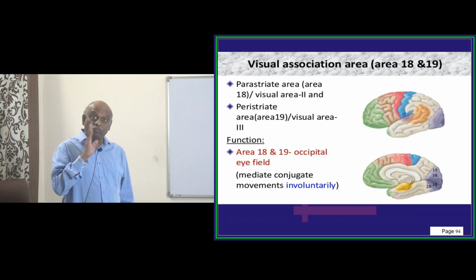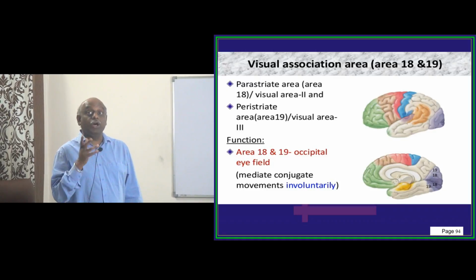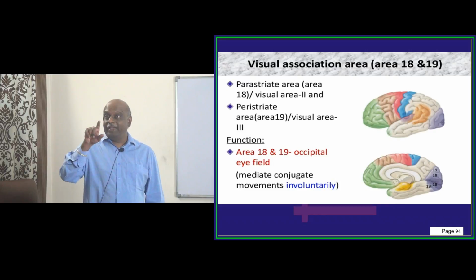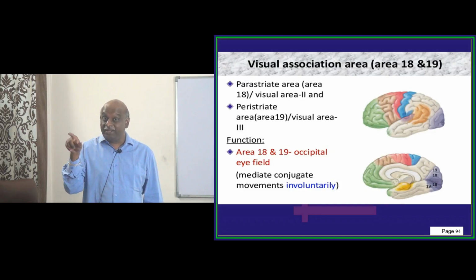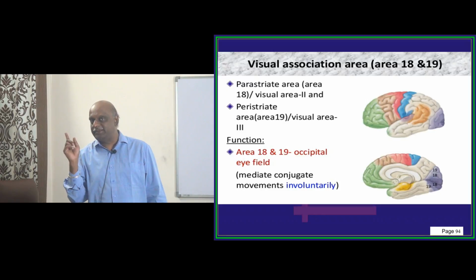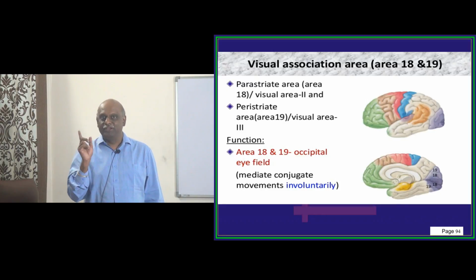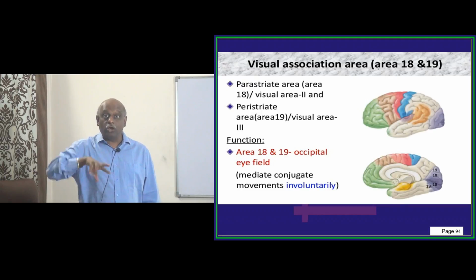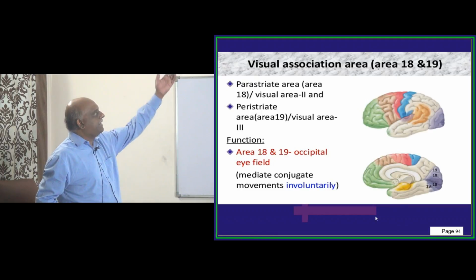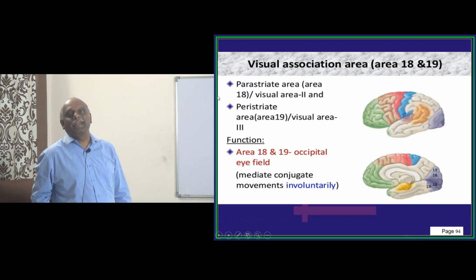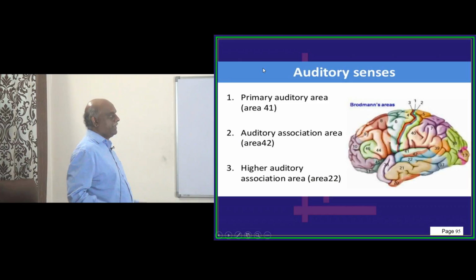Voluntary conjugate movements, who controls them? In the pons you have the paramedian pontine reticular formation, PPRF, medial longitudinal fasciculus, internuclear ophthalmoplegia, all that is for voluntary conjugate movements. For involuntary conjugate movements, you should remember the visual association area 18 and 19.